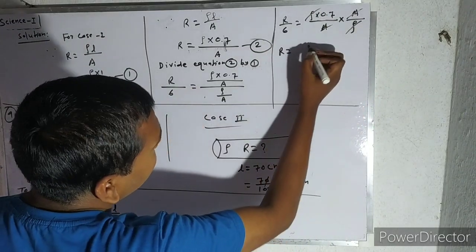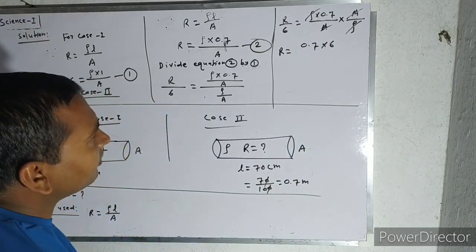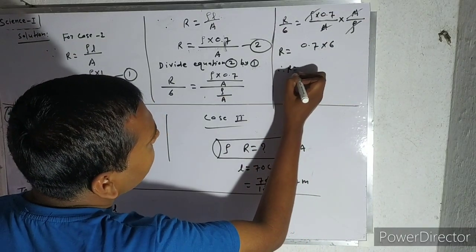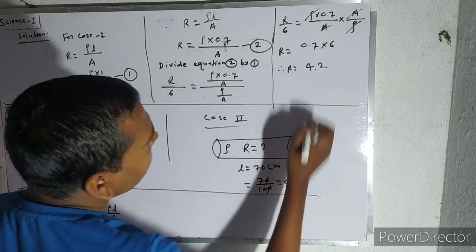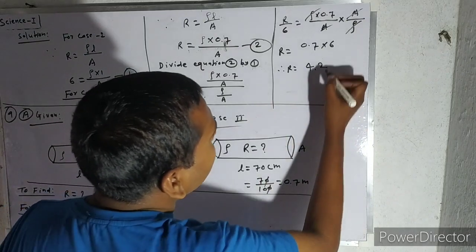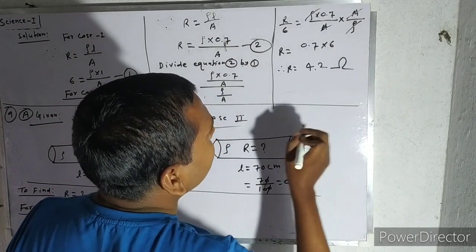So R will be equal to 0.7, and this 6 will be multiplied by 0.7. Therefore R is equal to 4.2.